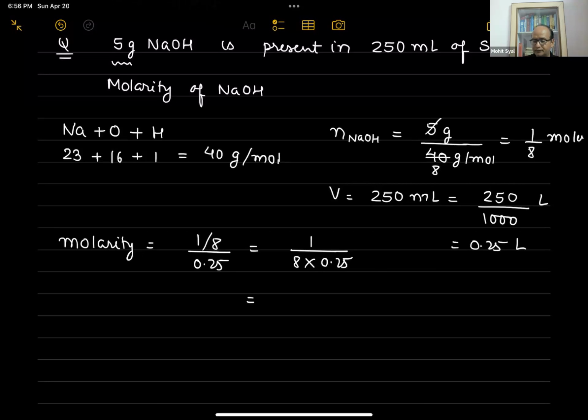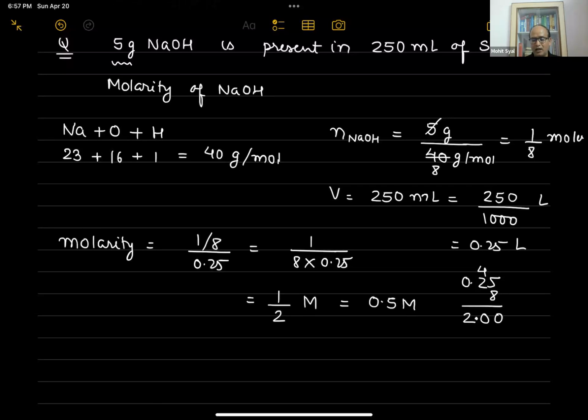How much is it going to be? 0.25 is 1/4, so if I divide it, it is going to be 1 by 2. 1 by 2 is half, 0.5 molar. Is it clear or not? Got it? Yes, sir.